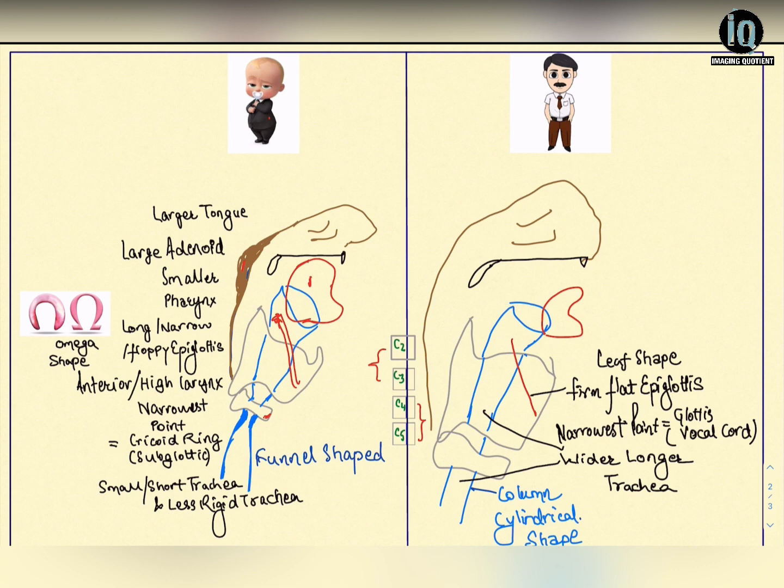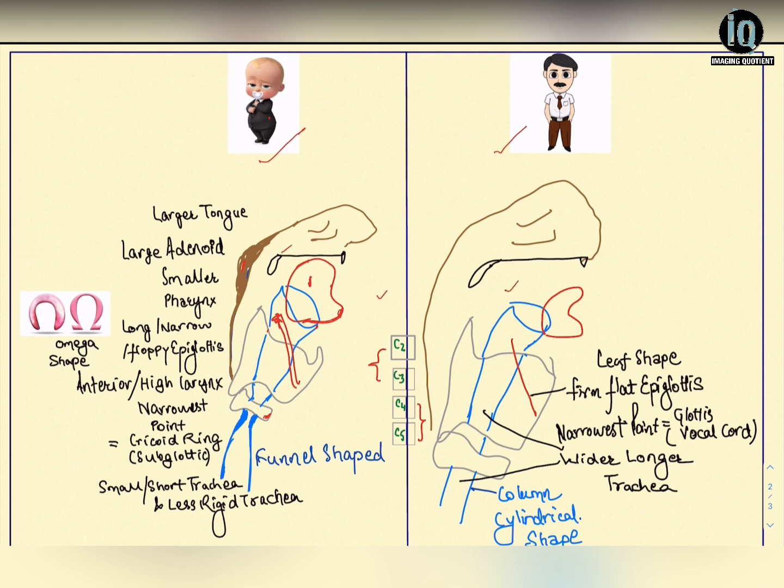Now coming to the difference between the pediatric airway and adult airway. This is the schematic diagram showing the various structures. This here is the tongue drawn in red color. Below this, the blue color is representing the laryngeal airway in the child and adult.